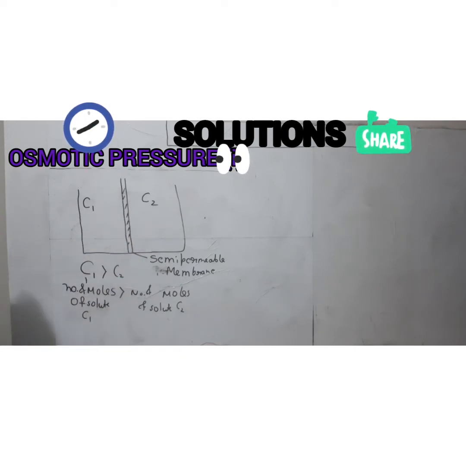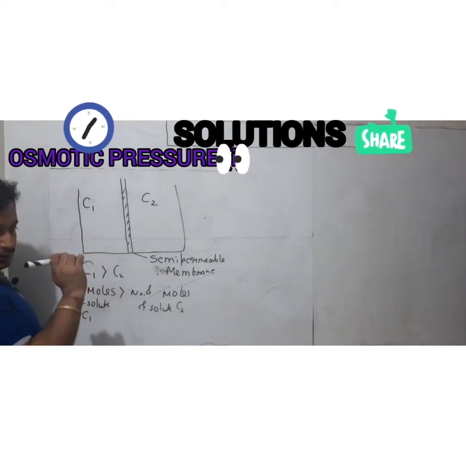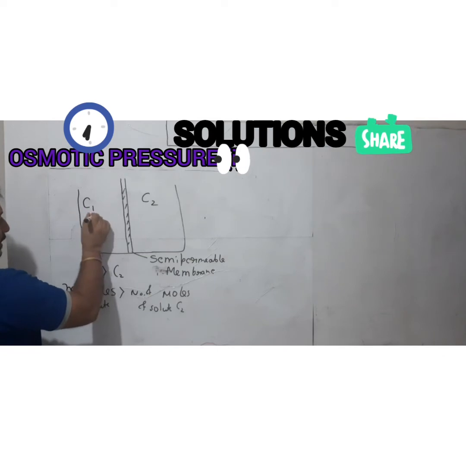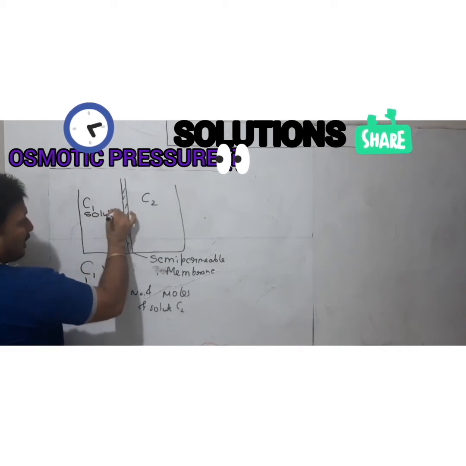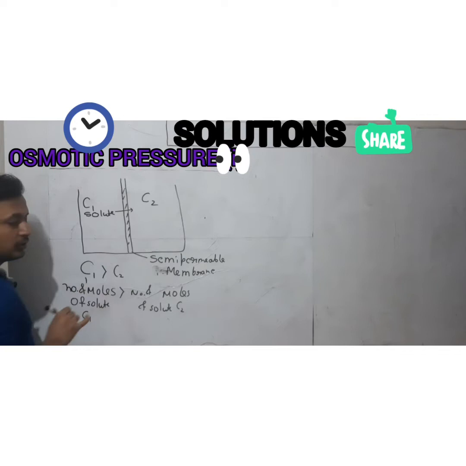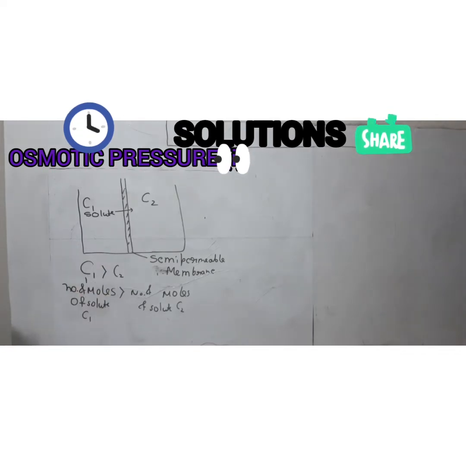Now generally, the solute particles which are at very high concentration will try to move from the higher concentration to the lower concentration, that is from C1 to C2.